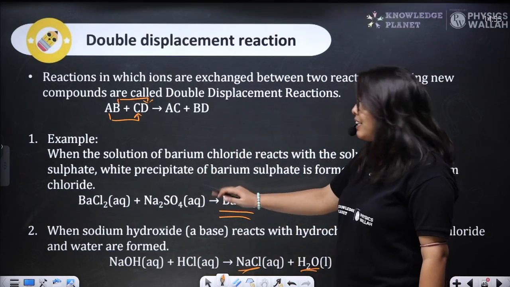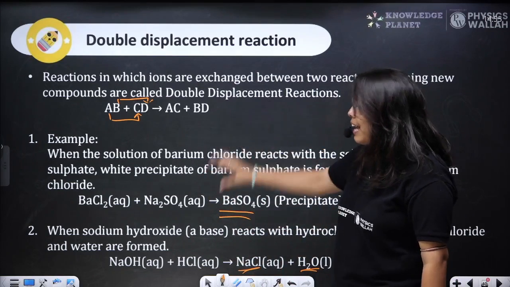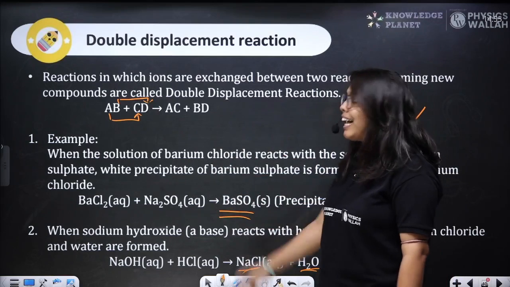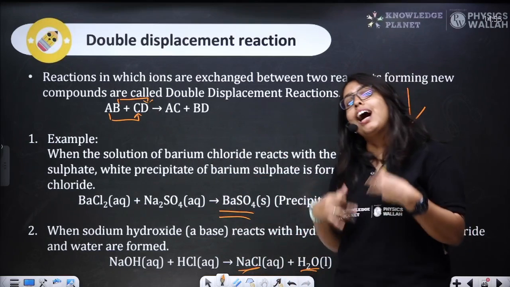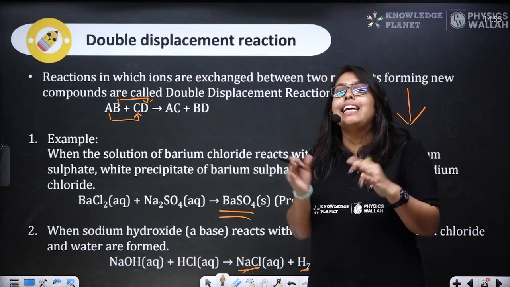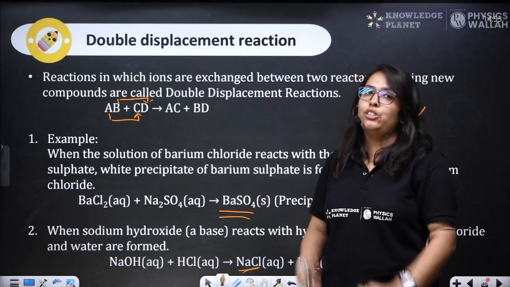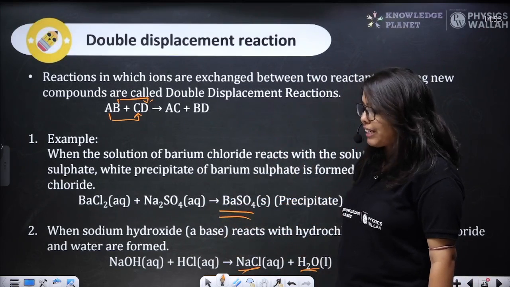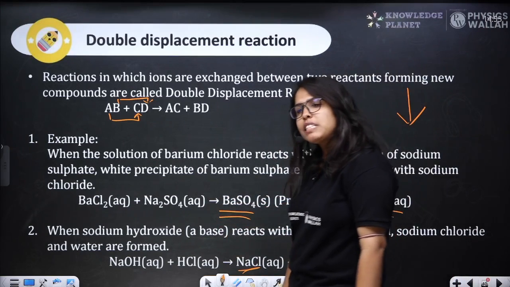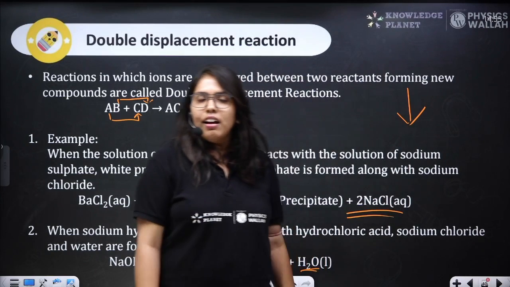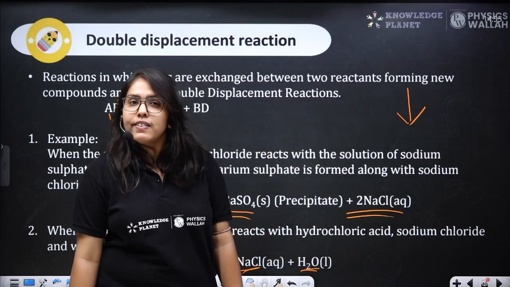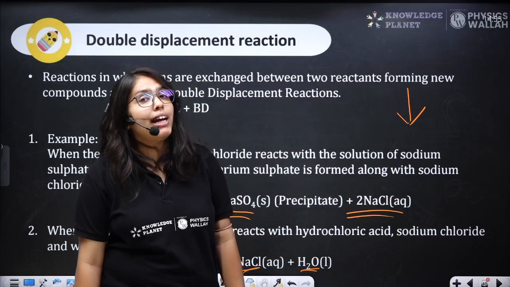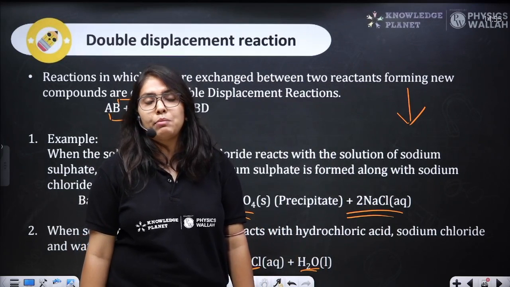When reactants are in the aqueous state, it is easier for them to displace each other. So the reactants in both the cases are in the aqueous state. That is, the displacement takes place when the reactants are in the aqueous state. Only in the aqueous state can the displacement take place.